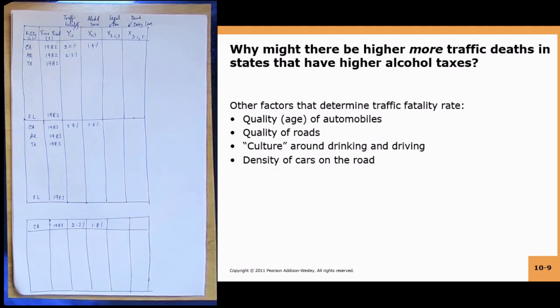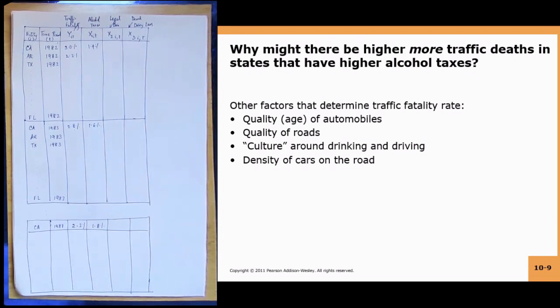Another thing might be the culture around drinking and driving. A particular state may have a bit of a lax culture where people party a lot. Drinking and driving is not considered to be a very bad thing socially. People tend to do that.